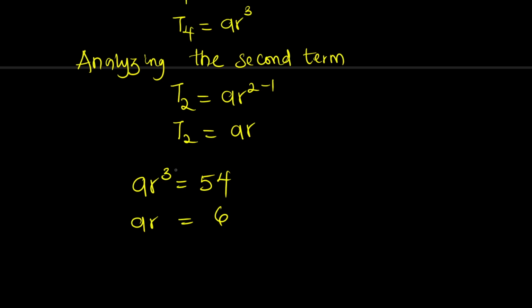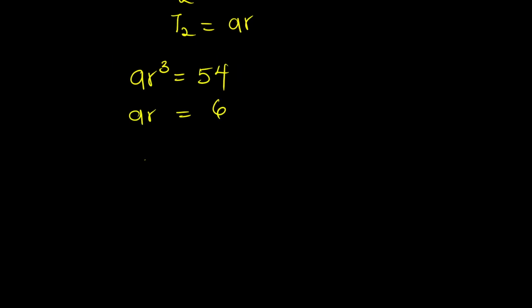From here, we can see that if we divide these two equations, then it will be easier for us to eliminate A, thereby making it easy for us to find R, which is our common ratio. Hence, we are going to have that our AR raised to the power of 3 all over AR is equal to 54 divided by 6.